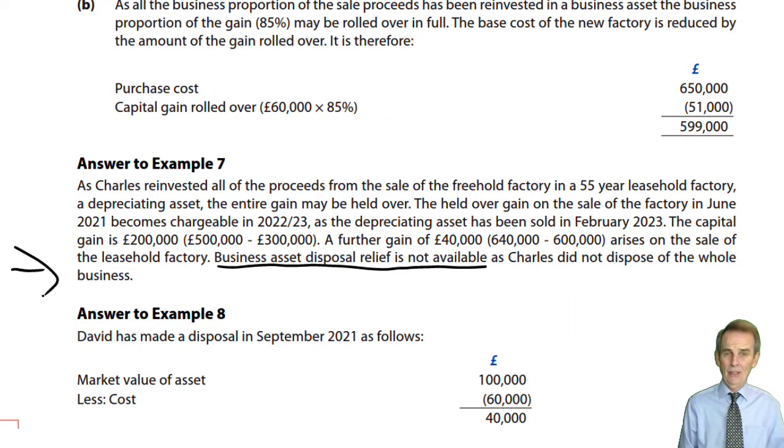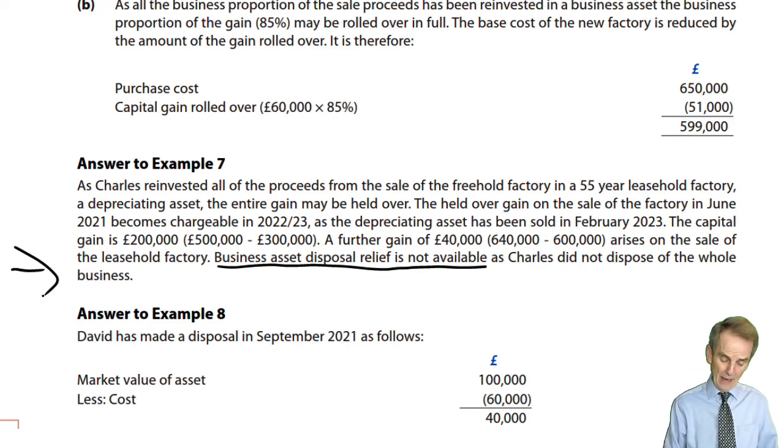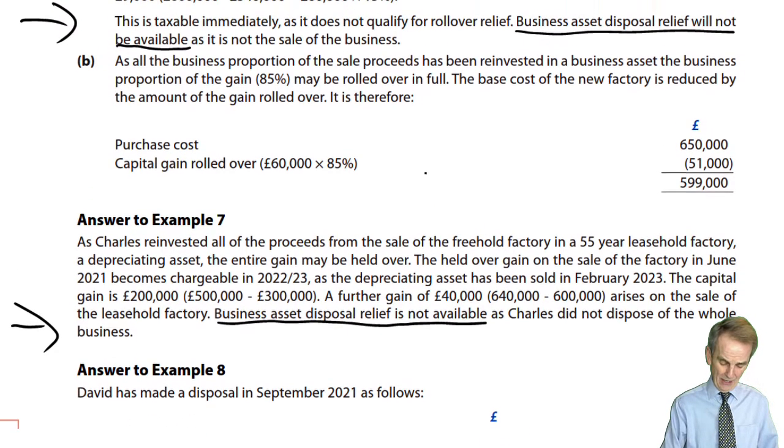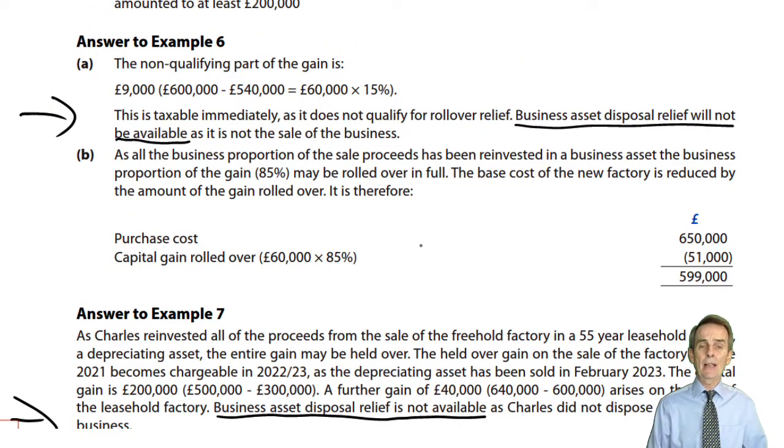It's the same note saying the business asset disposal relief will not be available, because what you know is, in relation to business asset disposal relief, you have to be dealing not just with the disposal of an individual asset, but with the disposal of the business, whether that is the business assets of the unincorporated trade or shares in a qualifying trading company. It's the business that is effectively being sold, or your share in that business.